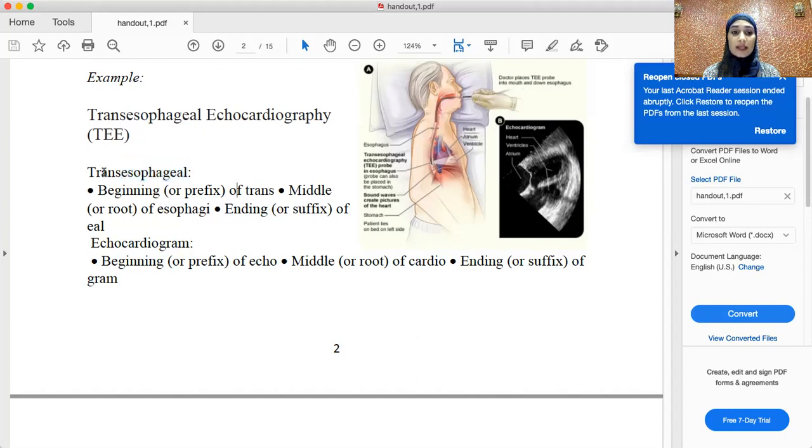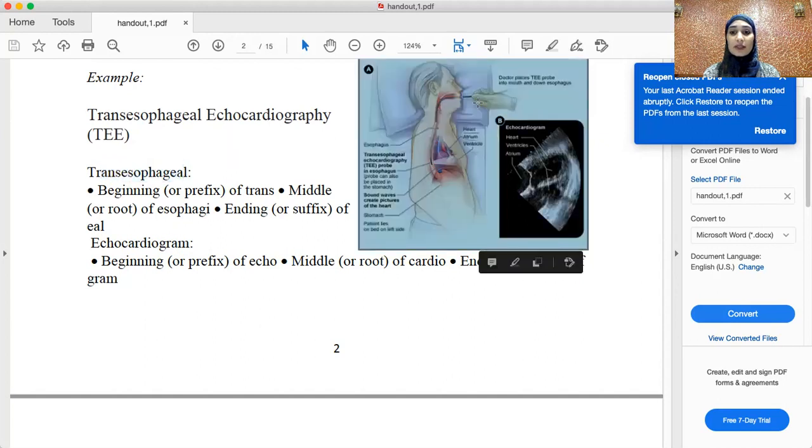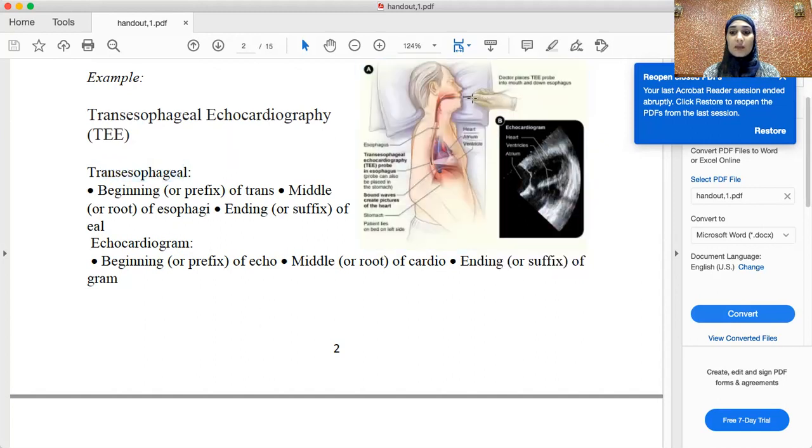So again, trans means across the esophagus, meaning that across the esophagus we are able to picture the heart using sound waves, all right?